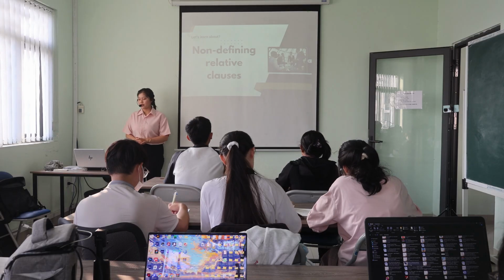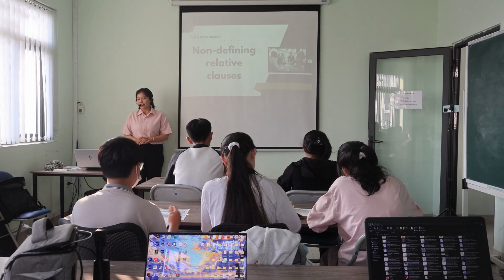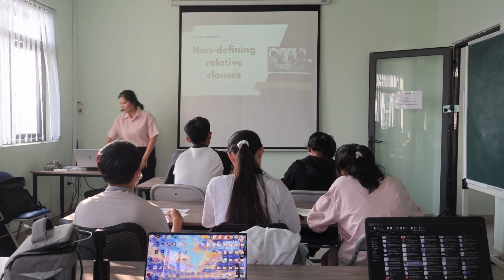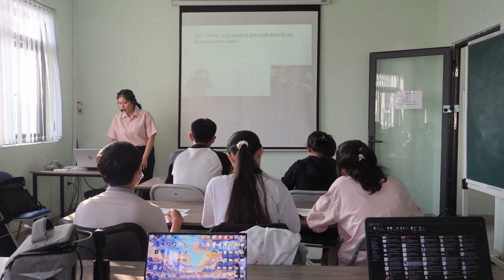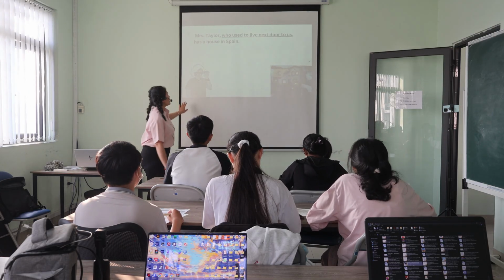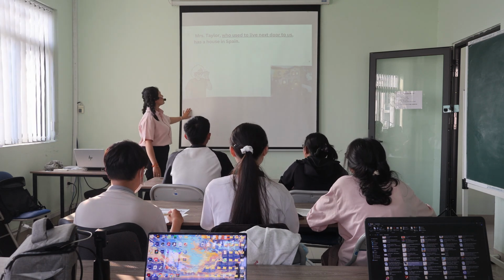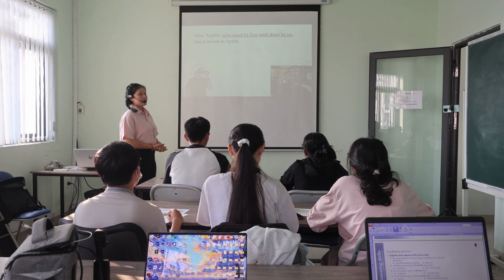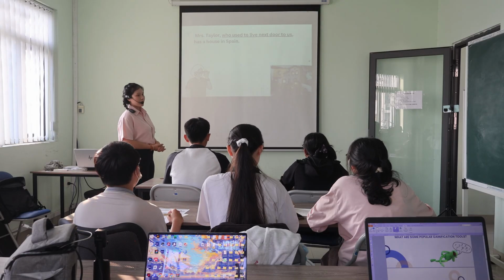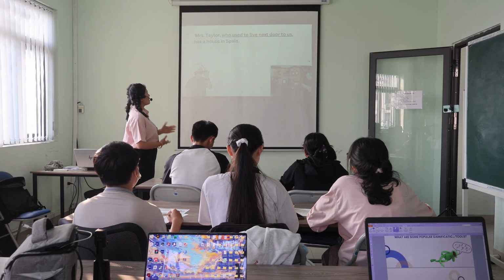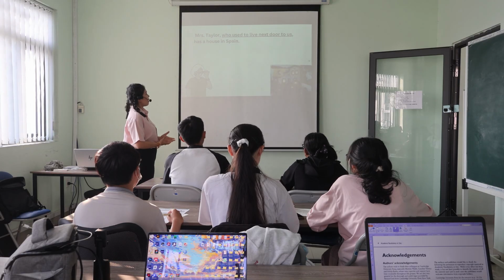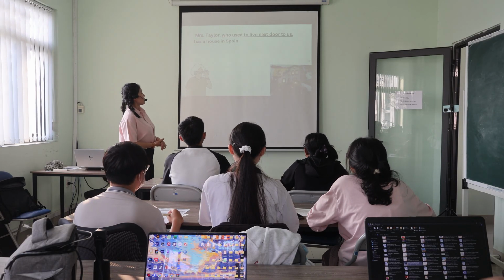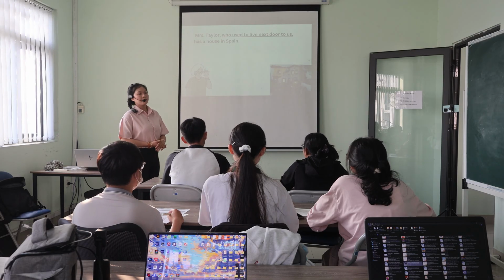Now let's move on to the second type of relative clause, the non-defining relative clause. Look at the sentence in the video. We have: Mrs. Taylor, who usually lives next door to us, has a house in Spain. In this sentence, the relative clause is who usually lives next door to us.